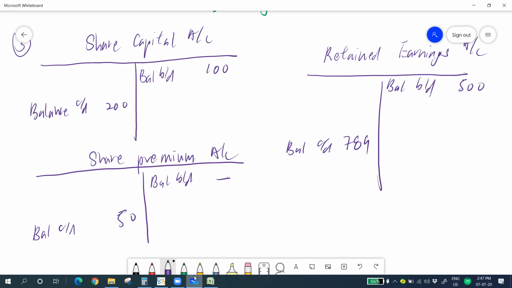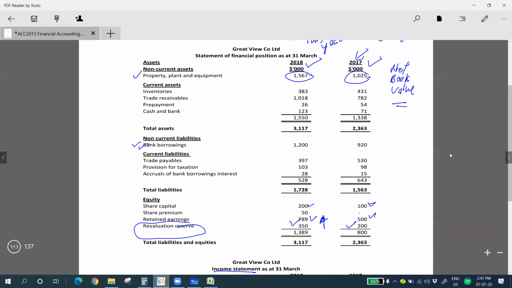So you have completed this, right? So let's start the analysis. My share capital at the end of 2017, which is also the same as 1st April 2017, the opening balance, is 100,000.